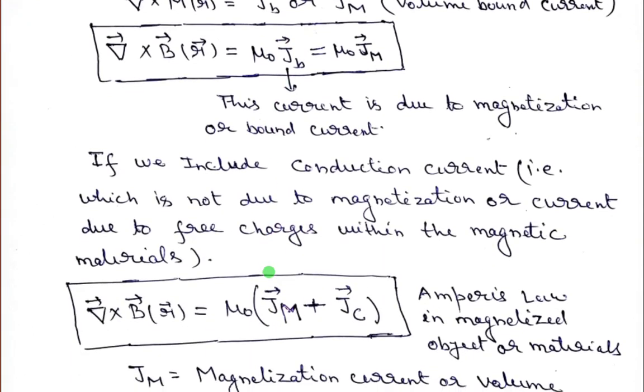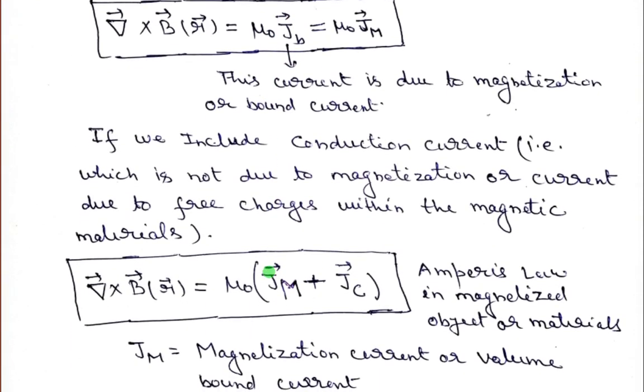That means, and this gives a very nice concept, if you try to write Ampere's law inside matter, we know that inside matter there will be some free charge carriers, and those free charge carriers are basically the conduction current, the current that flows in a material due to the free charge carriers.